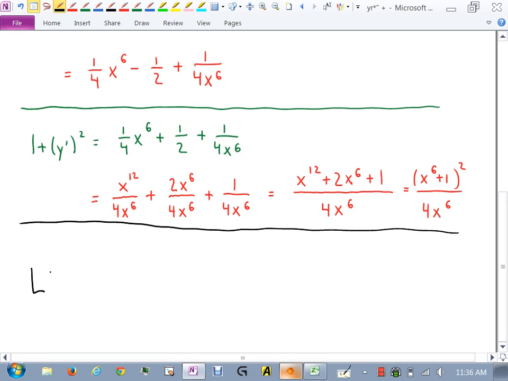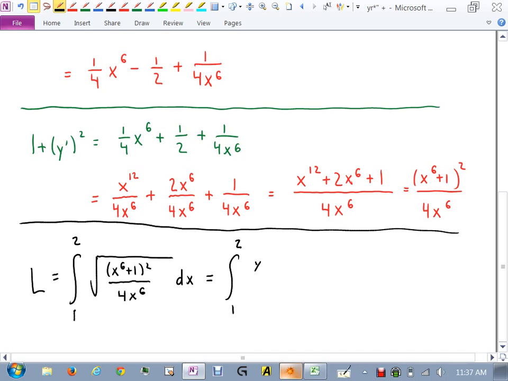The length of this curve should be the integral from, I don't remember, where was it? 0 to 2? 1 to 2. 1 to 2, square root of x to the 6th plus 1 squared over 4x to the 6th dx. Now take the actual square root, and you just get x to the 6th plus 1 over 2x cubed dx.